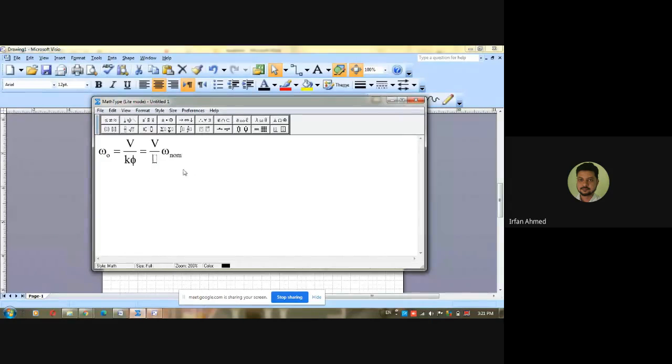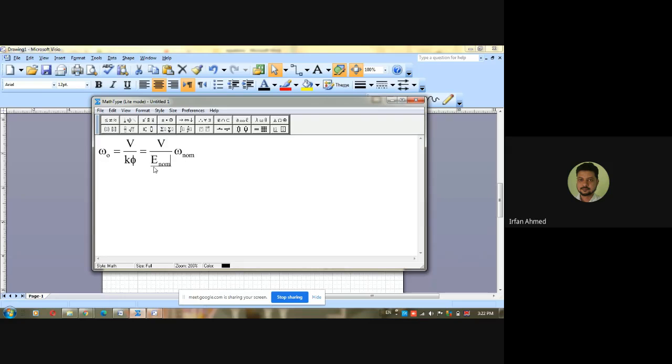If we do that, what happens? The numerator becomes V multiplied by omega nominal, and the denominator becomes K phi multiplied by omega nominal. What is K phi multiplied by omega nominal? It is the back EMF, E, and because we are using rated values, this will be the rated back EMF. So V upon E nominal multiplied by omega nominal.